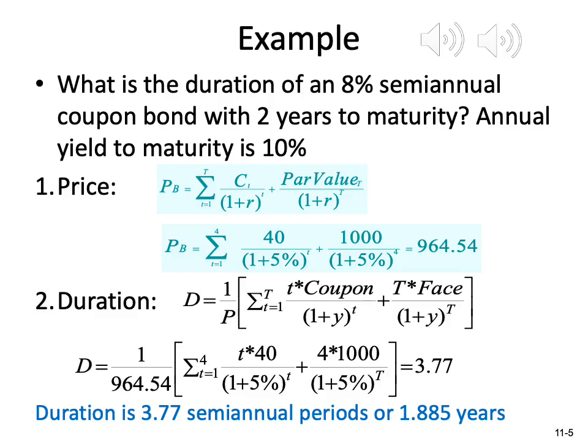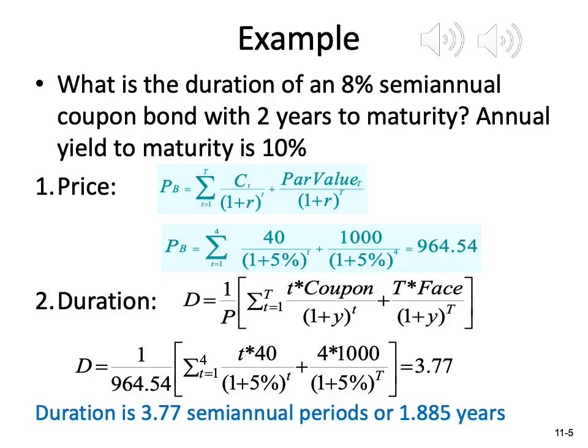Secondly, we're going to calculate the duration. So the price, $964, 1 over the price is outside right here. And then we are going to calculate the discounted cash flow weighted average of time period. Specifically, for the coupon payments, we are going to have 4 $40 coupon payments.